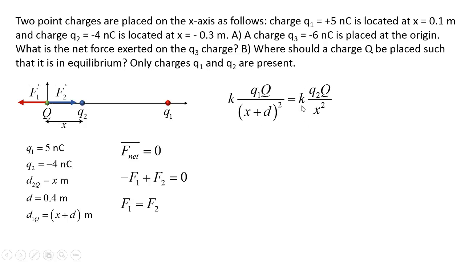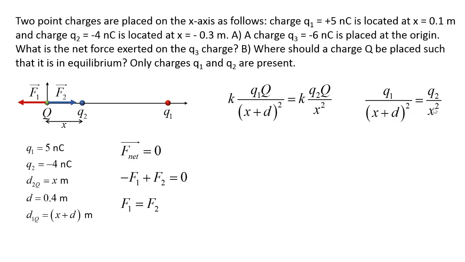And this is the force applied by charge Q2 to charge Q. As you can see, we can get rid of the electric constant K, and we can also get rid of the charge capital Q. They show up in both terms. And that is why it doesn't matter what type of charge Q is, positive or negative, you're always going to get rid of it. We are left with Q1 over (x plus d) squared equals Q2 over x squared.